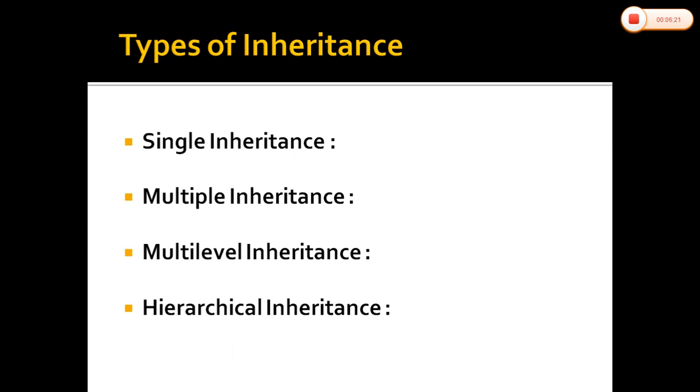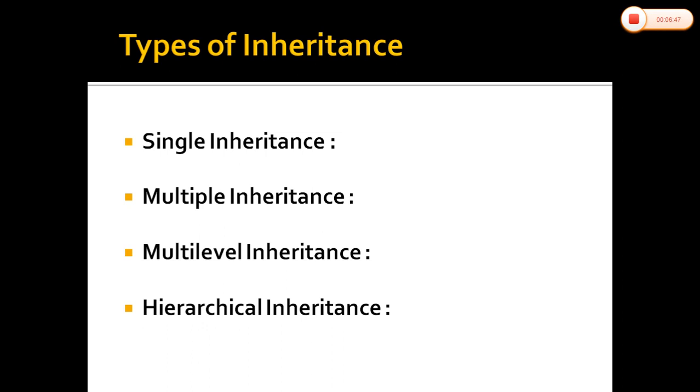For example, single inheritance and multiple inheritance together form one problem statement. If this is the case, then it is called hybrid inheritance. Hierarchical inheritance is also called hybrid inheritance, a process which involves more than one type of inheritance.